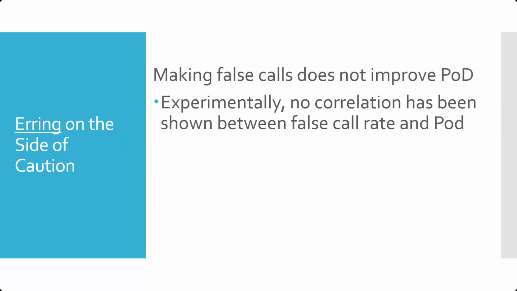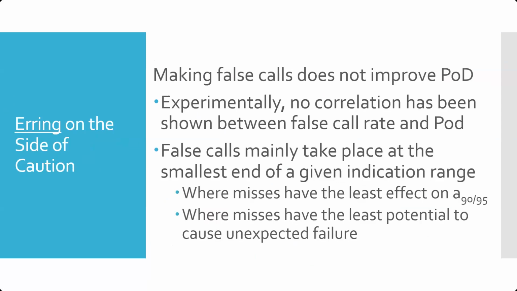In fact, experiments have shown there is no correlation between false call rate and probability of detection. False calls mainly take place at the smallest end of a given indication range. That's where it's the most difficult to maintain reliability, because reliability goes down as the flaw size we're looking for goes down.